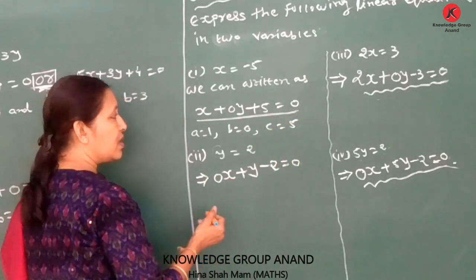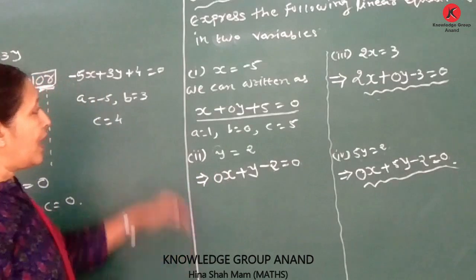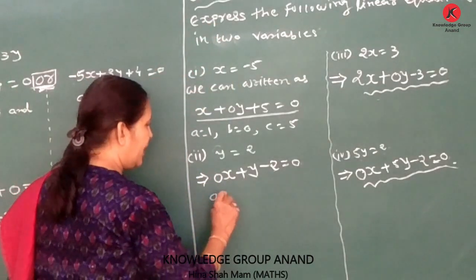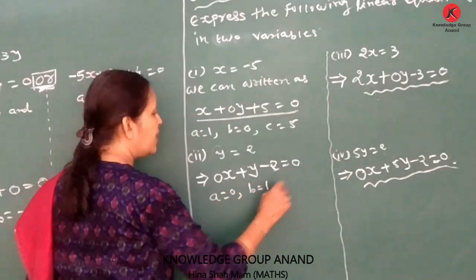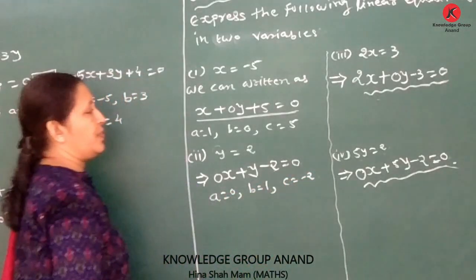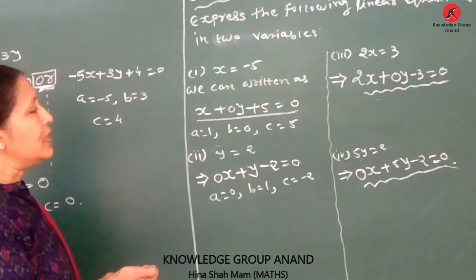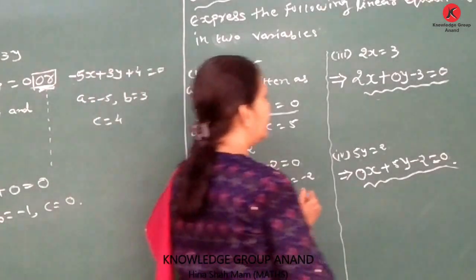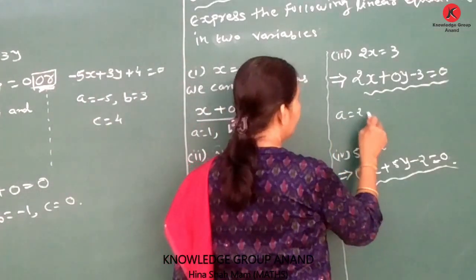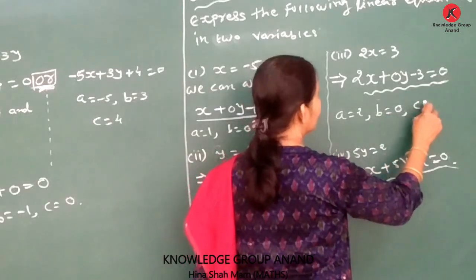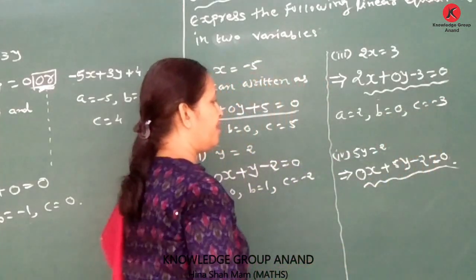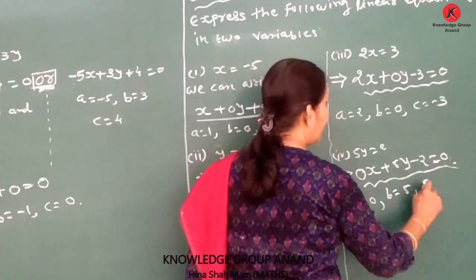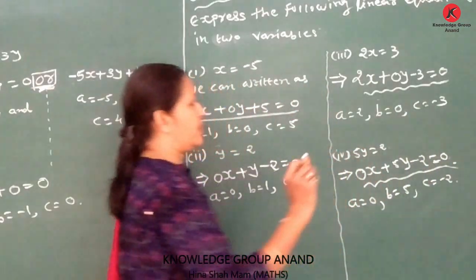If the given question asks for a, b, c, then we write here a equals to 0, b equals to 1, c equals to minus 2. 2x plus 0y minus 3 is equal to 0, then a equals to 2, b equals to 0 and c is equal to minus 3. Here a equals to 0, b equals to 5 and c is equal to minus 2.